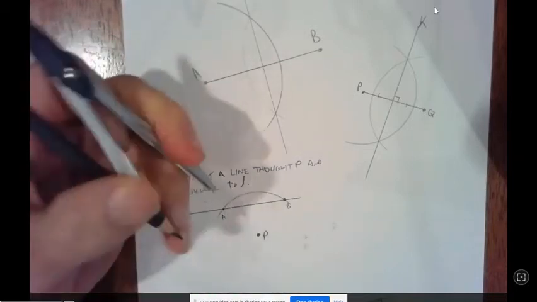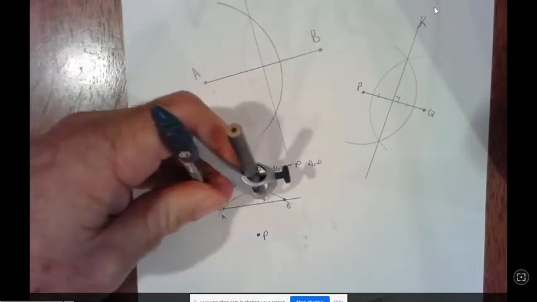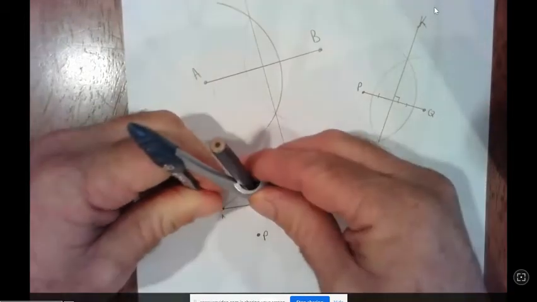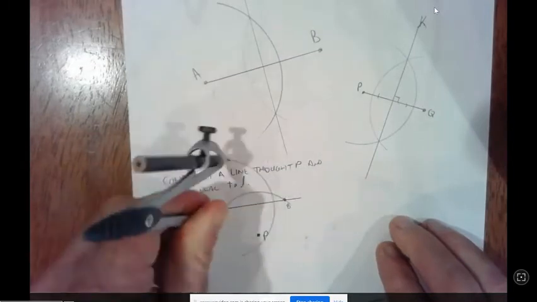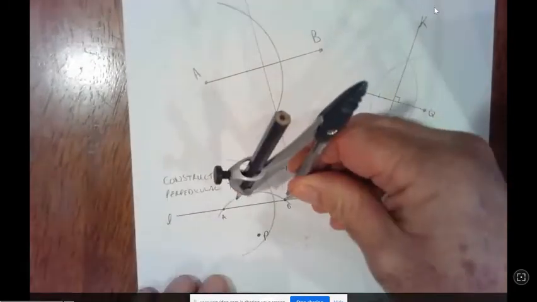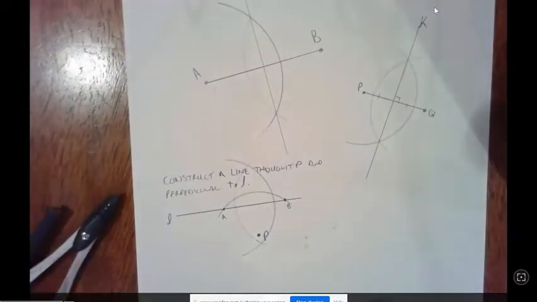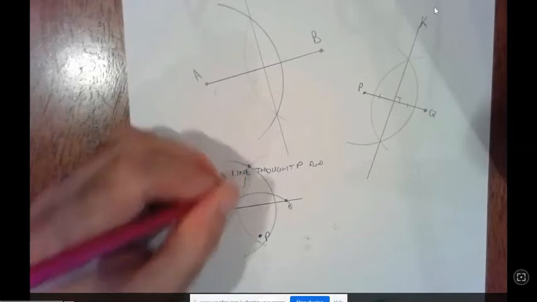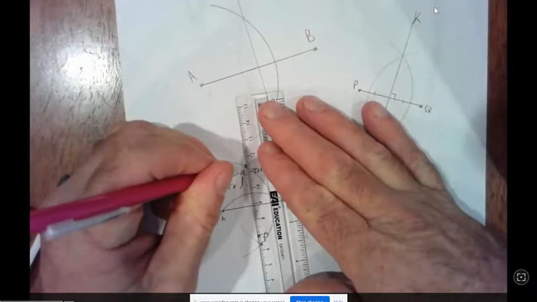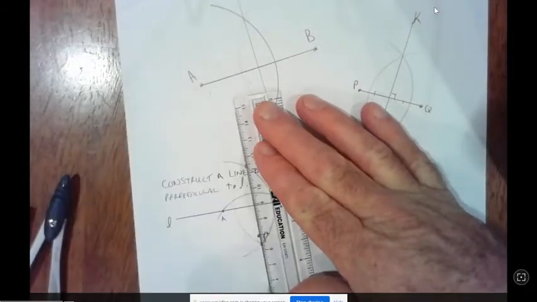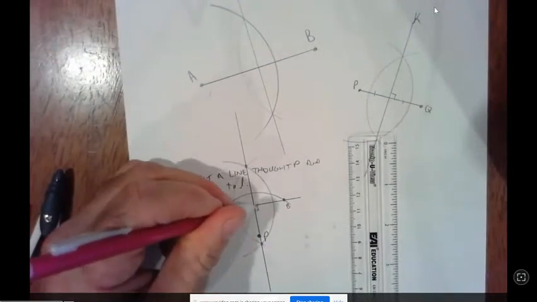So we put the compass at A, make sure it reaches past halfway. Make an arc from A. Make the same arc from B. Now if we draw a line connecting these two points, it should also pass right through point P. And so there is a line that passes through P and is perpendicular to L.